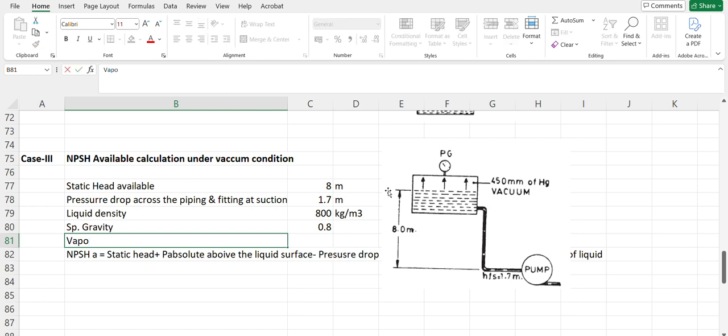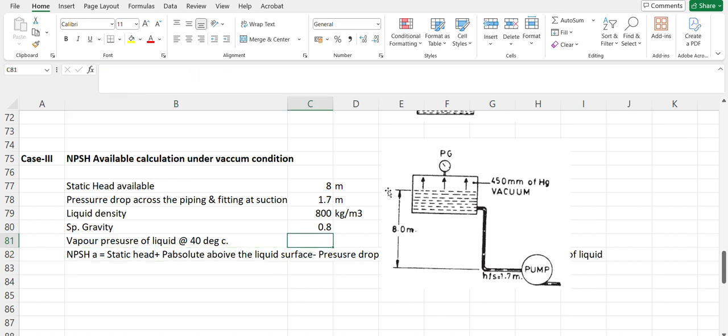So the vapor pressure of liquid at 40 degrees Celsius, we simply wrote down here, is 0.6 kg per centimeter square.